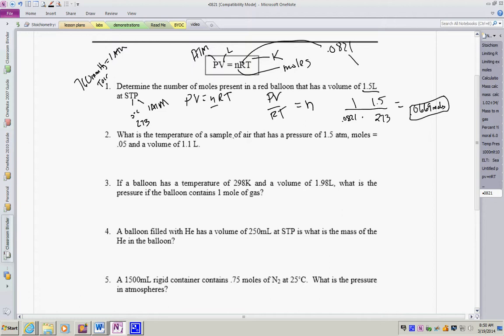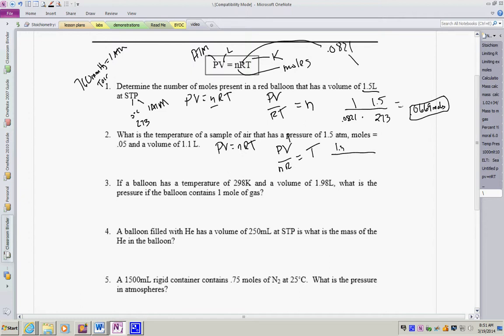What is the temperature of a sample of air at 1.5 atmospheres, moles? Again, purely mathematical. PV equals nRT, looking for temperature, so PV over nR equals T. Start plugging the values in.